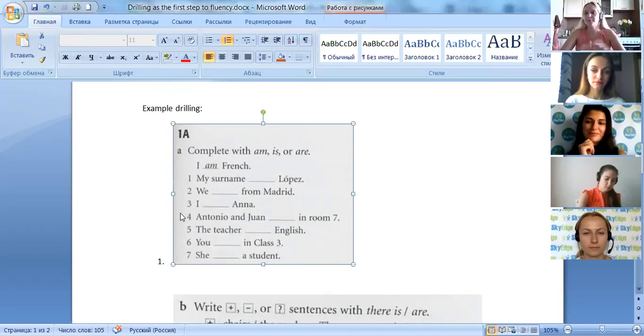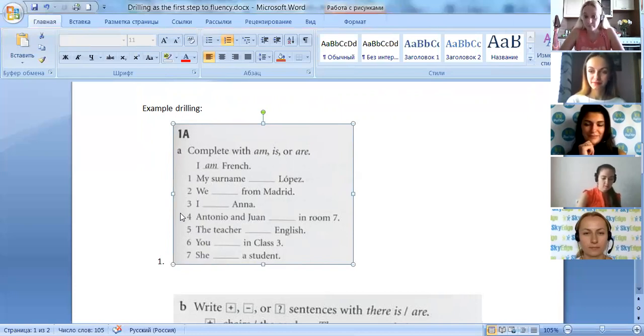Now, don't look. Look at the top. I say, you repeat and complete. My surname, Lopez. I'm sorry, just repeat. My surname, what goes in? My surname is Lopez. Okay, good. We, from Madrid. We are from Madrid. Don't look, remember, look up. I, Anna.